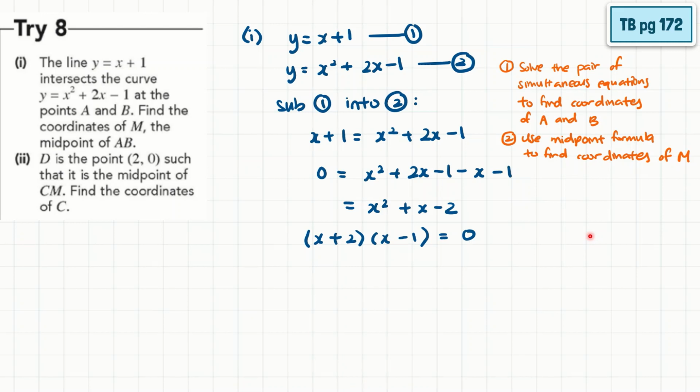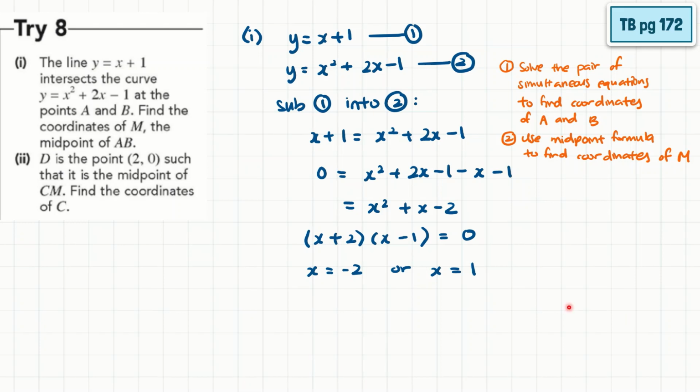I'm not going to show the cross method, as I mentioned many times in class, because I believe that you are fully capable of doing that on your own already. So with x plus 2 times x minus 1 equals to 0, we can say that x plus 2 is equals to 0, otherwise, x minus 1 is equals to 0 as well. Therefore, that will help us arrive at the solution of x equals to negative 2 or x equals to 1.